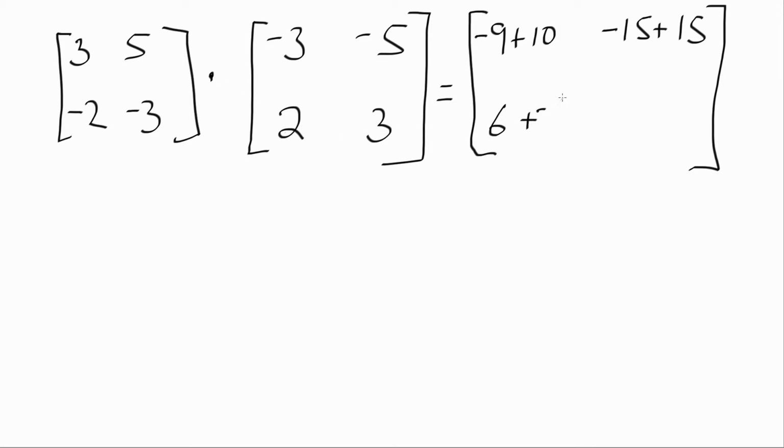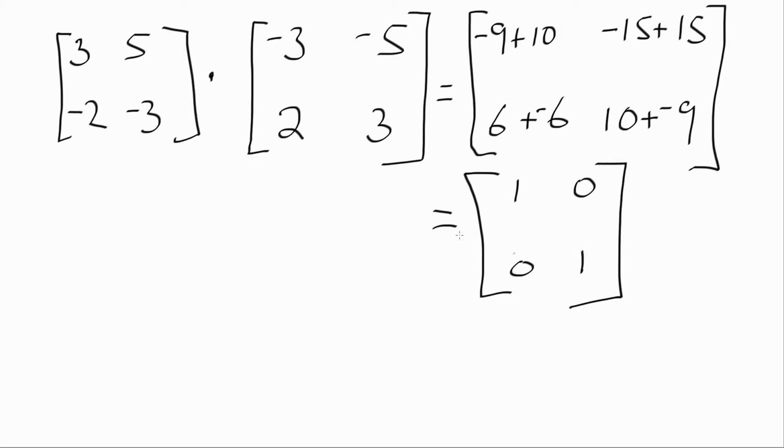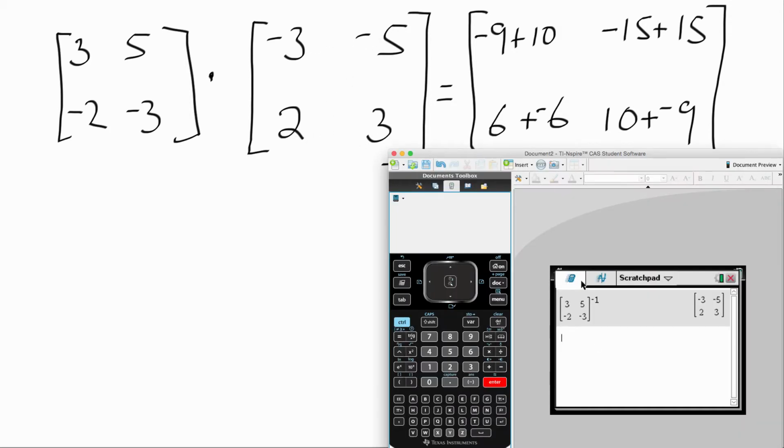Hurrah. And then -2 times -5 is 10, plus -3 times 3 is -9. Do our sums and we get 1, 0, 0, 1, the identity matrix for a 2 by 2 matrix. So -3, -5, 2, 3 works, and using our technological solution allowed us to calculate that.